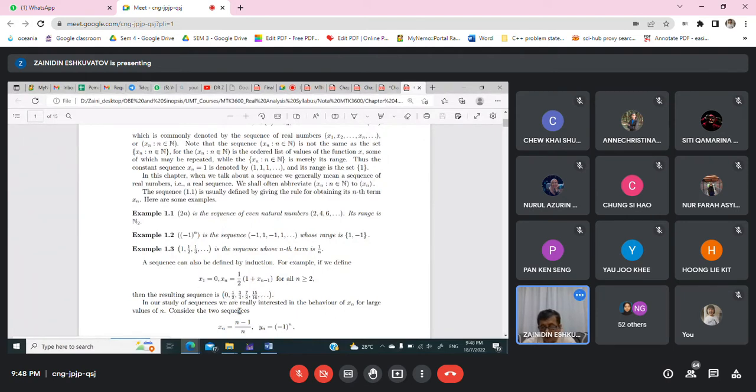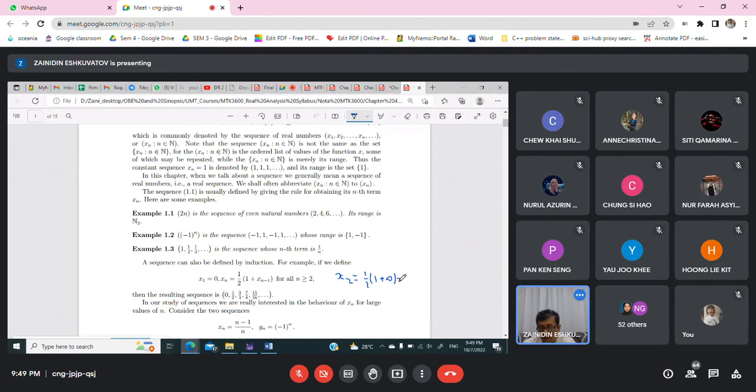Why is it like this? If the formula is given, you need to derive the terms one by one. For example, I will derive x2, which equals 1 over 2, since it is 1 plus x0, 1 plus x1. x1 is 0, so it is 1 over 2.